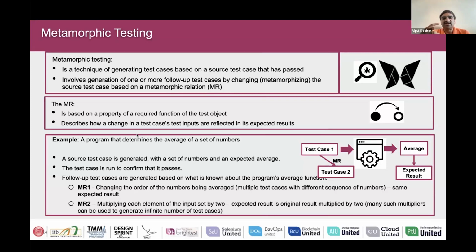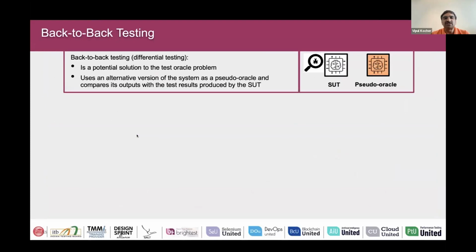So essentially, what you are looking at is a relation between input and output, which you can use to test, especially when you do not have an oracle. So metamorphic relations have to be identified from the domain by the people who are testing it. So it doesn't need AI knowledge. It doesn't need machine learning knowledge. It requires domain knowledge, understanding of input-output behaviors.